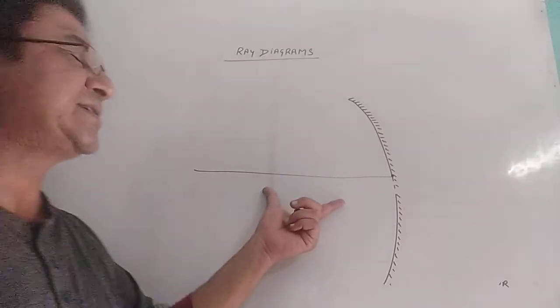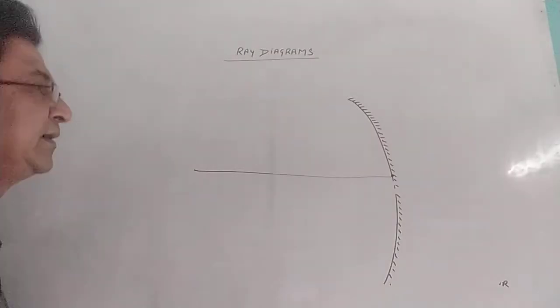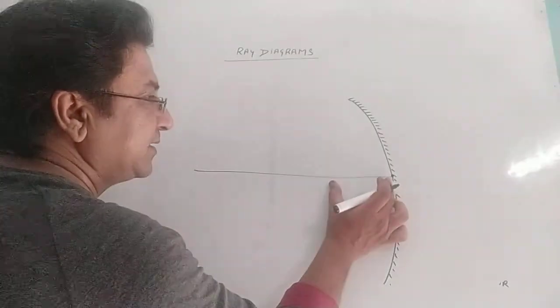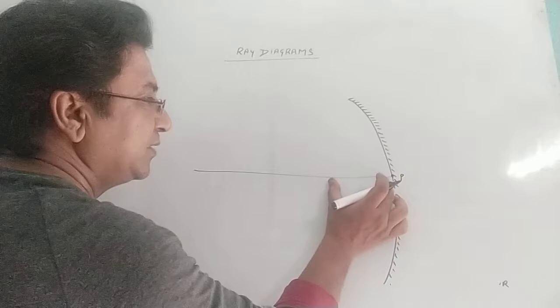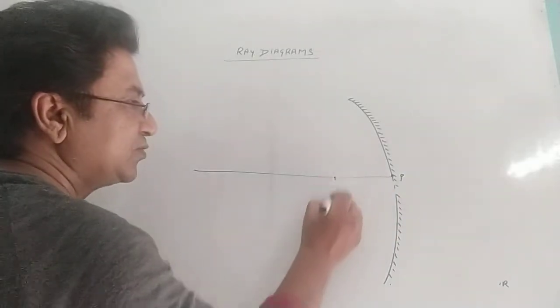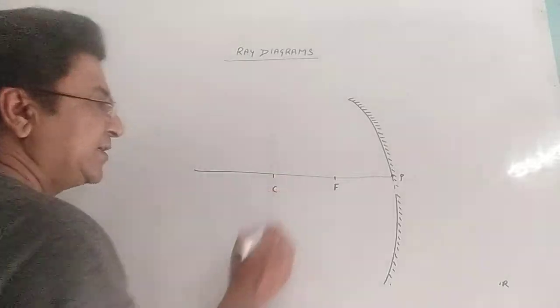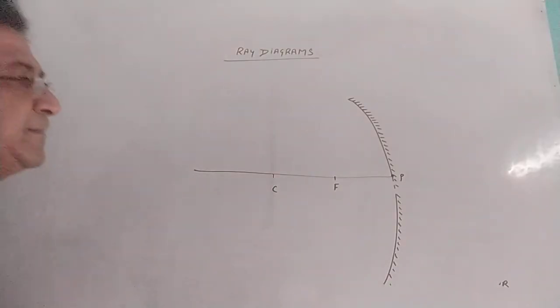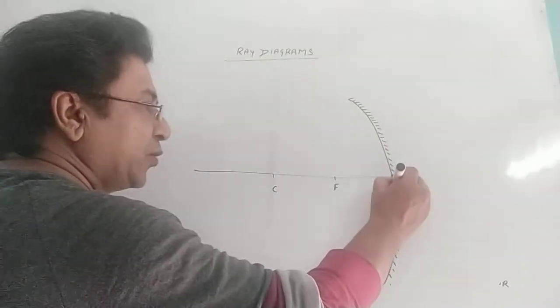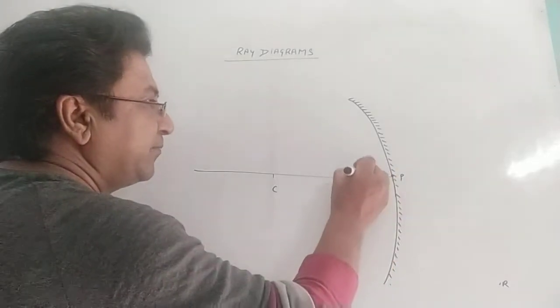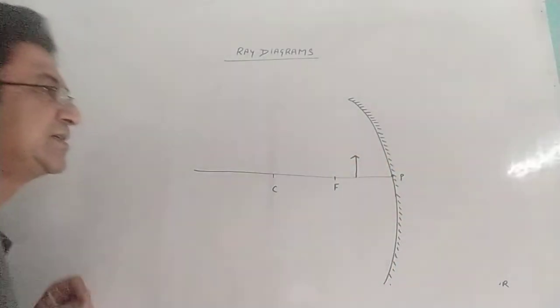I am not using a scale, but you must use a scale. So this is the pole. From the pole take any measurement. I'll take 2 centimeter, then it is the principal focus, another 2 centimeter, the center of curvature. We already have discussed this, but measurements are required for producing perfect images.